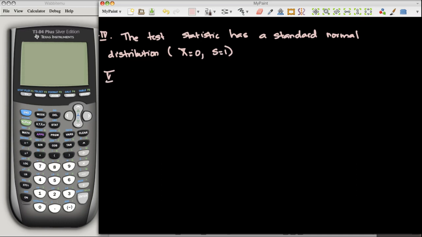Last step is to find a conclusion. You could use one of two methods: either the critical value method or the p-value method.